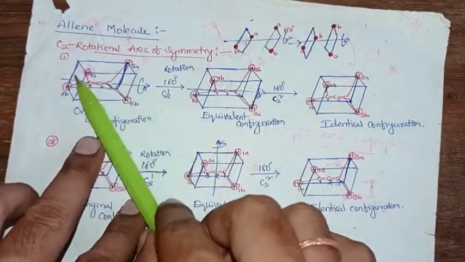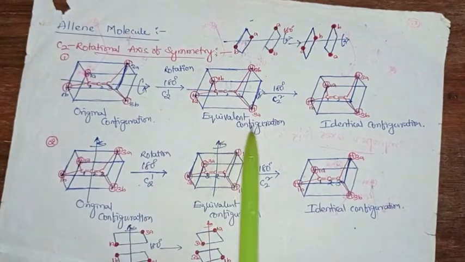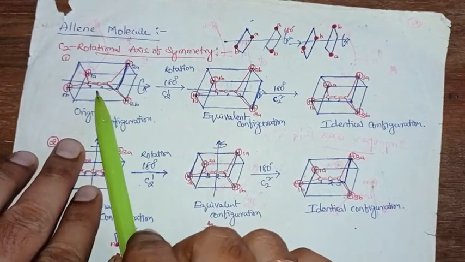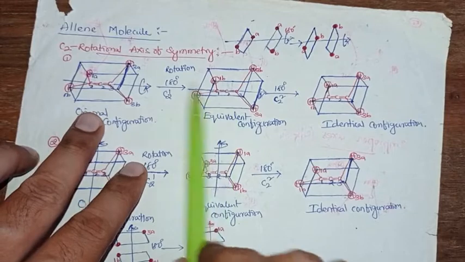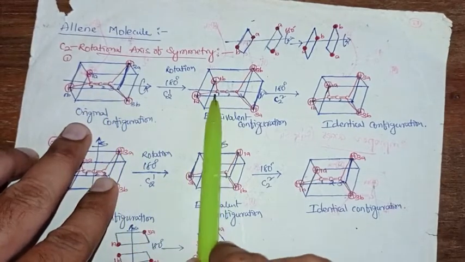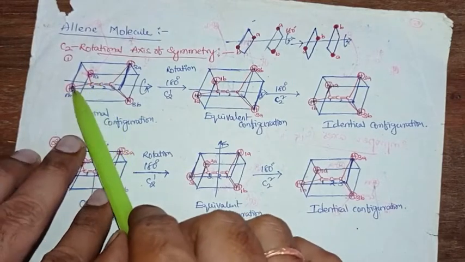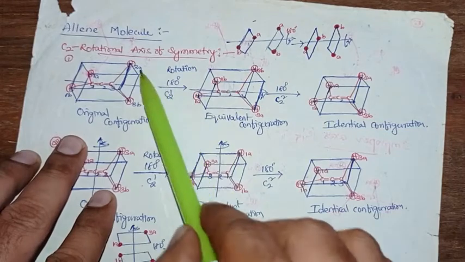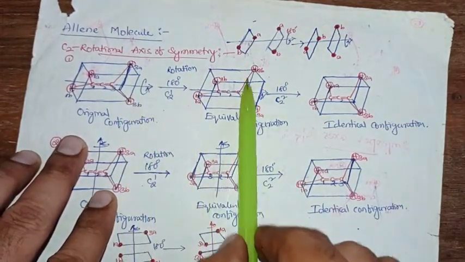When similar hydrogens replace each other, the configuration is an equivalent configuration. Even when we compare with the original configuration, it will be equivalent. At the middle are the 3 carbons in the generated configuration, and the corners have hydrogens, and this particular face will have top and down hydrogens.